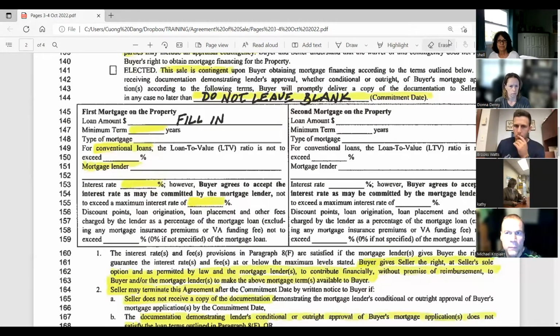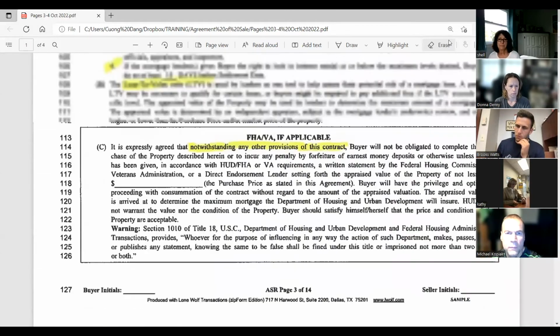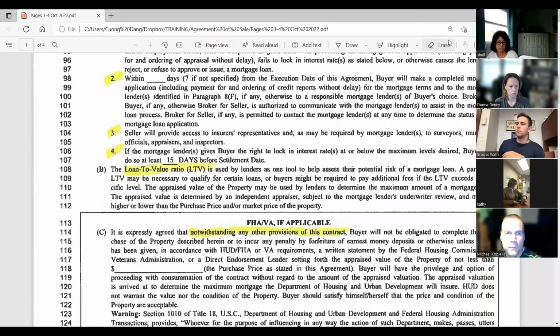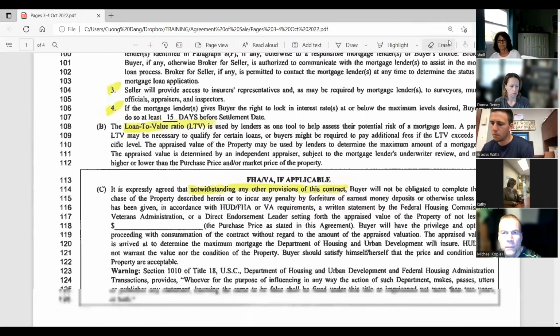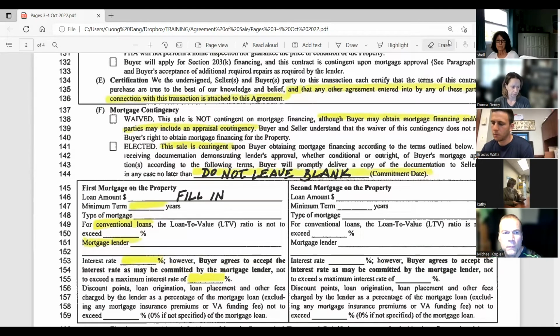You can leave it blank because earlier in one of the clauses up here, actually right here under number 2, it does say, buyer will make a complete mortgage application for the mortgage terms and to the mortgage lender identified in paragraph 8F, if any, otherwise to a responsible mortgage lender. Now, if you are going to change lenders after you put a name there, then you need to do it with a change in terms form.